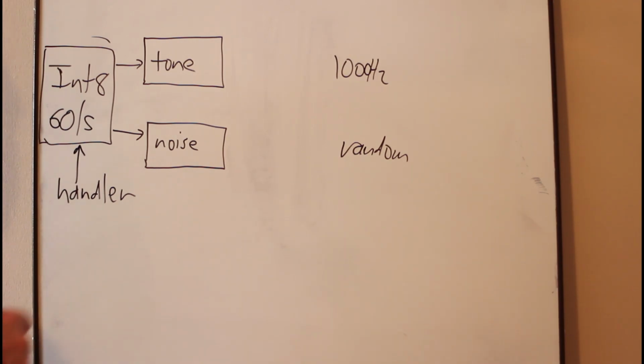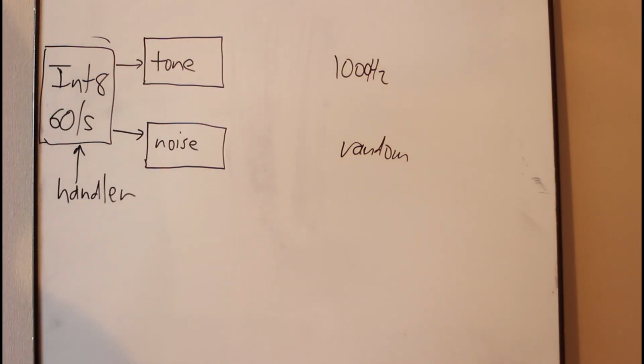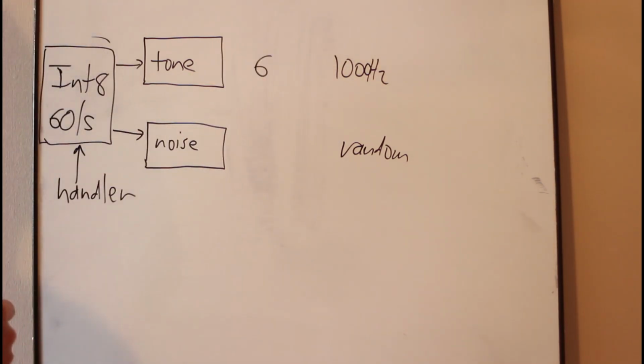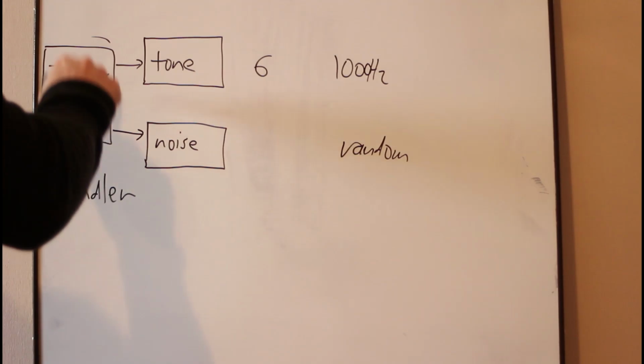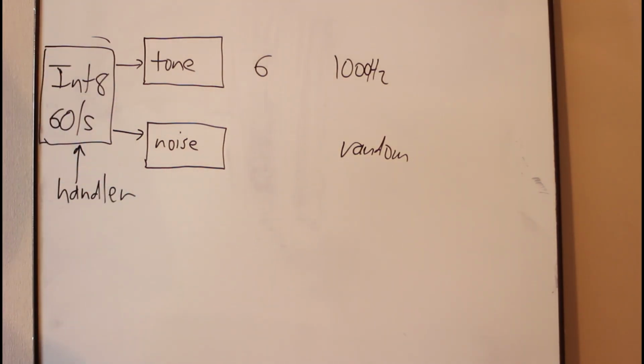Now, the way it's going to work is there'll be a counter for each of these in the game. So we're not talking about a hardware counter anymore, just a software value. And they will specify how long these sounds should play for. So for example, if I have a value of 6 in here, remember that our interrupt handler for interrupt 8 is going to be triggered 60 times a second from the hardware counters.